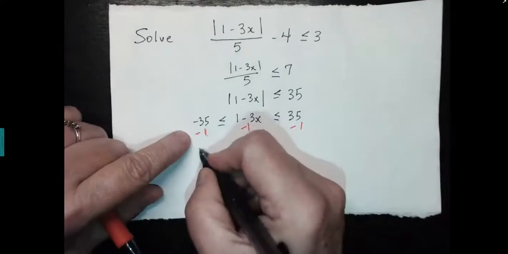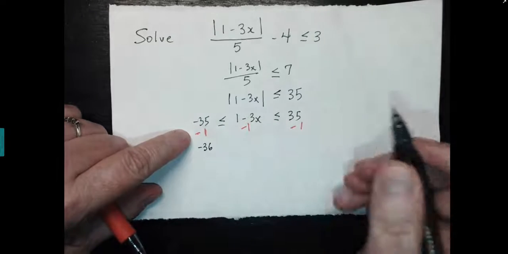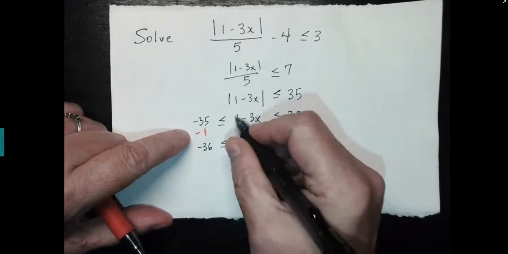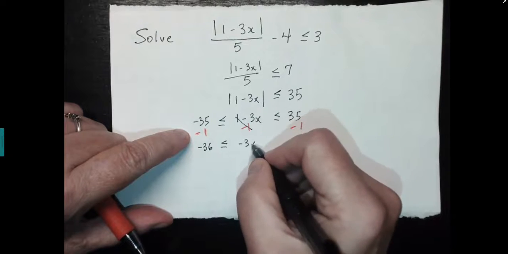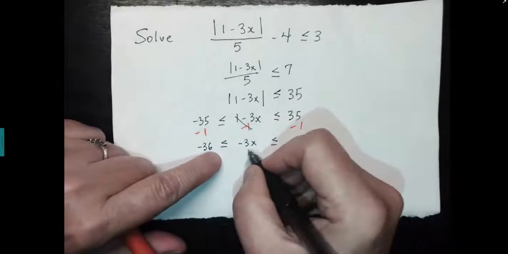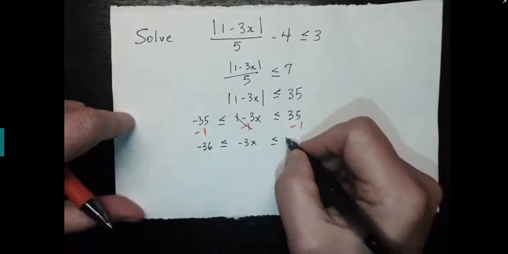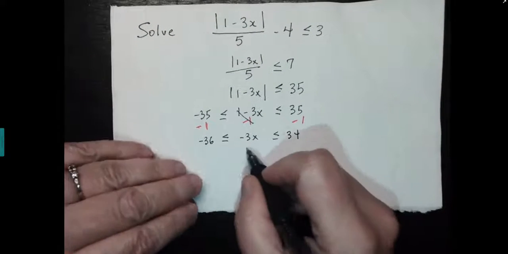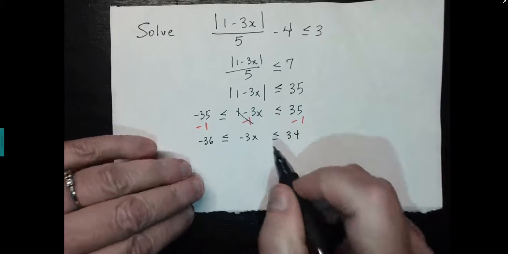And so I'm going to have negative 36, and subtracting does not change the direction of the arrow, is less than or equal to negative 3x, less than or equal to 34. Now to get x by itself, I need to divide everything by negative 3.